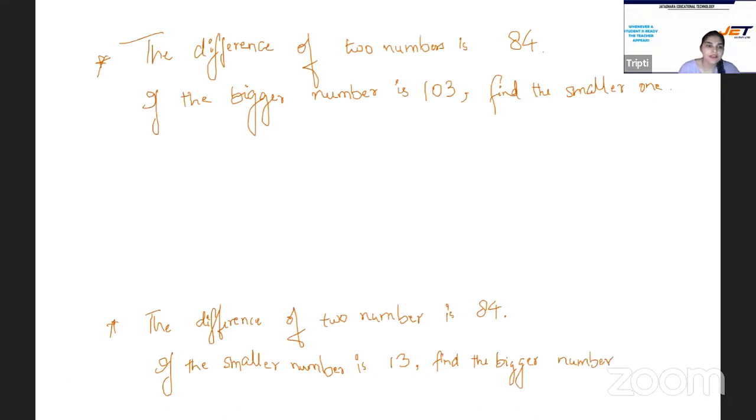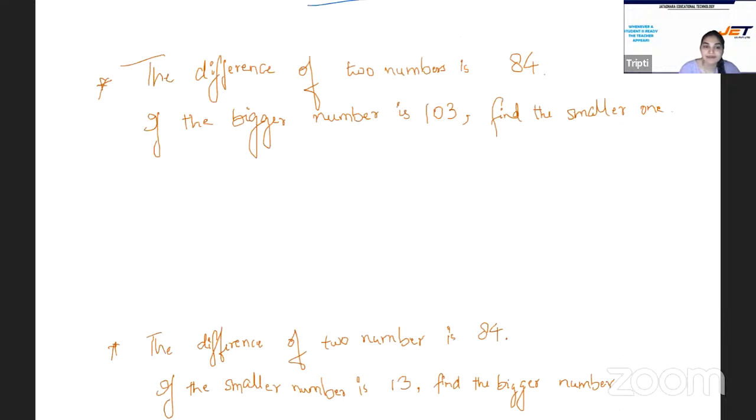All right. So I have written down two questions. Here, if you see, the difference of two numbers is 84. Like, here is the difference, 84. If the bigger number is 103, find the smaller one. This is missing. So what we have to do is, we know that 103 minus something is 84. If you remember the subtraction classes, this is the minuend. This is the subtrahend. And this is the difference.